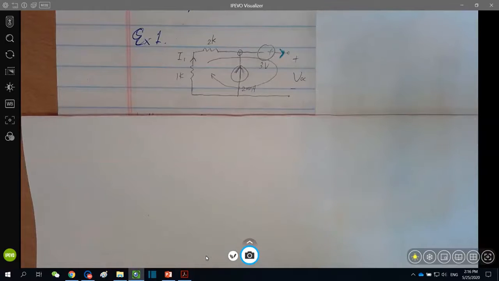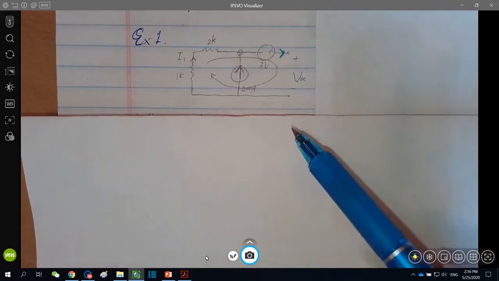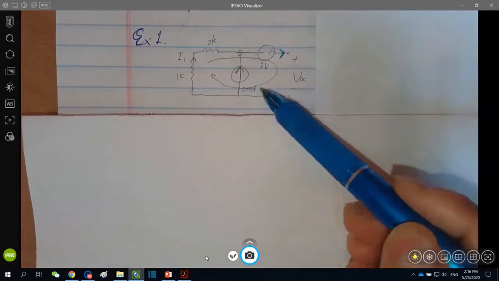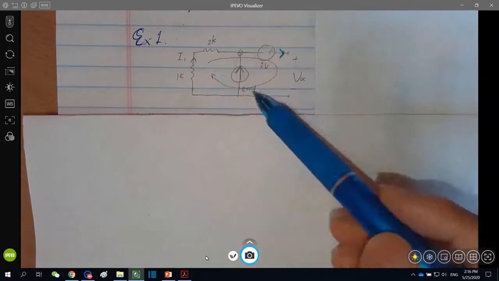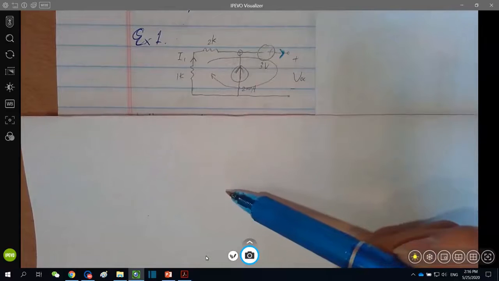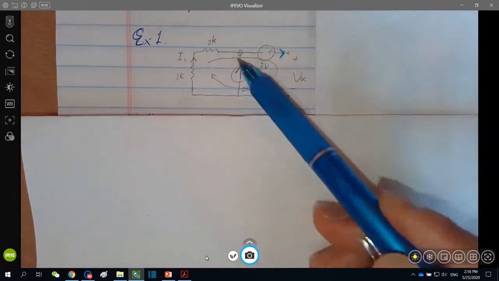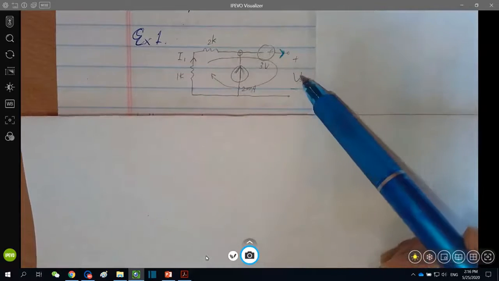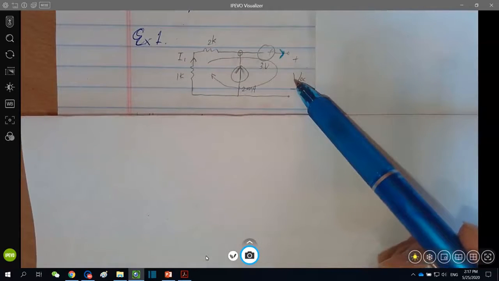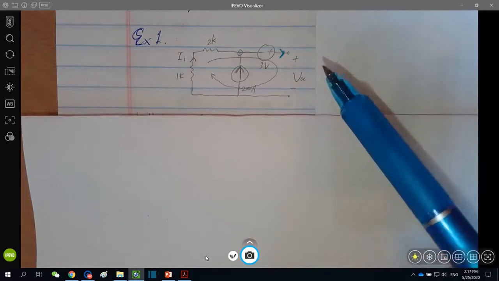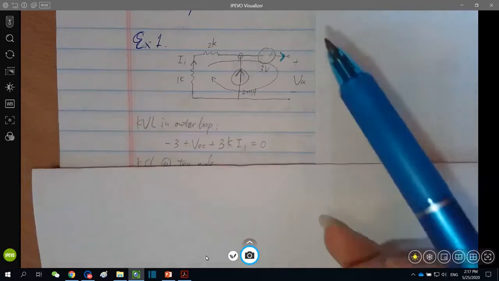Here I'm writing KVL inside of this big loop. Obviously it's not a mesh. It's just a KVL inside of a loop I selected, this big loop, because I'm trying to involve this VOC in the equation. You can feel free to try this equation yourself and then check my solution here. And here it is.